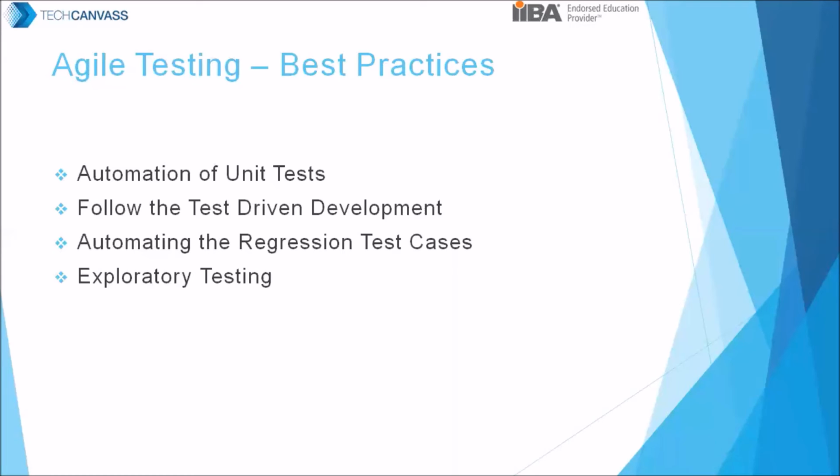We may have regression test cases for login page. Now, if there are 100 test cases and we are executing all the 100 test cases for login page, it will take time. So rather what I would do is I will automate those 100 test cases and then I will execute them at any time, the time I prefer. So it may be in the midnight. Okay. So automating the regression test cases helps in delivering fast.